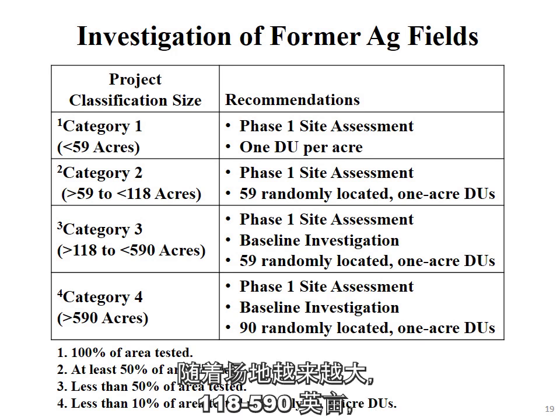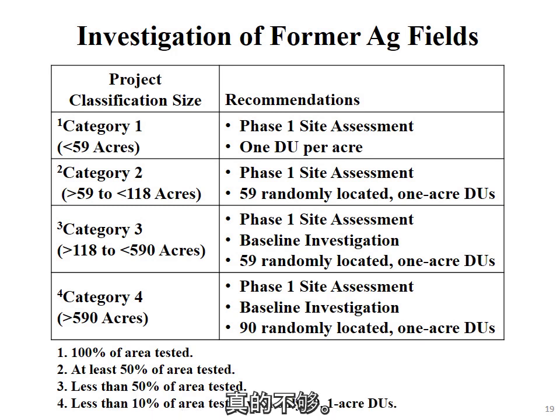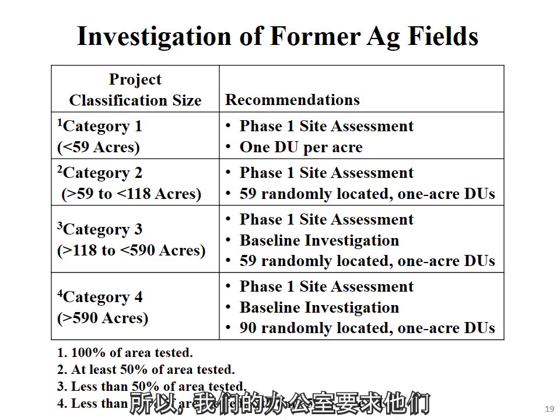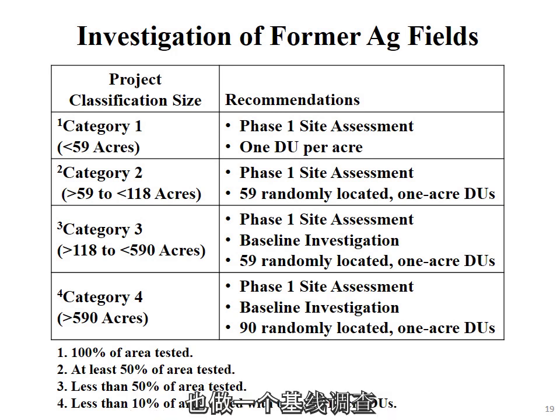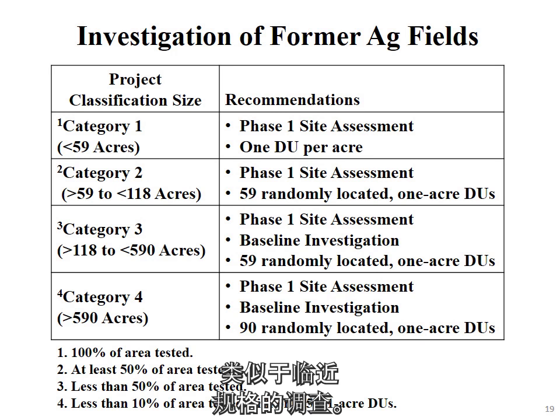As the field gets larger and larger, 118 to 590 acres, now just using the 59 1 acre DUs really isn't adequate. They're testing less than 50% of the property, so our office requires the person also to do a baseline investigation where they split the entire field up into very large DUs, sort of a neighborhood scale investigation.